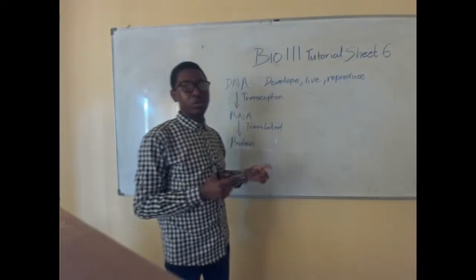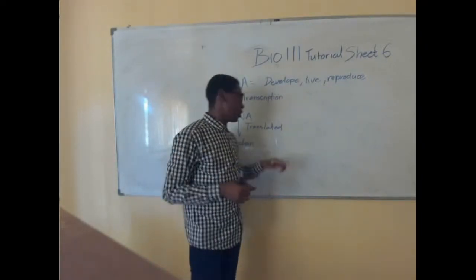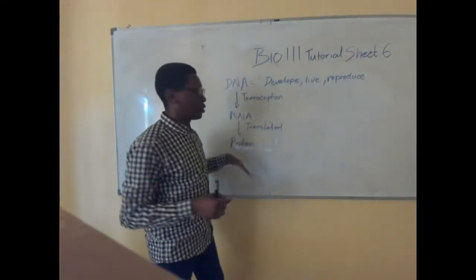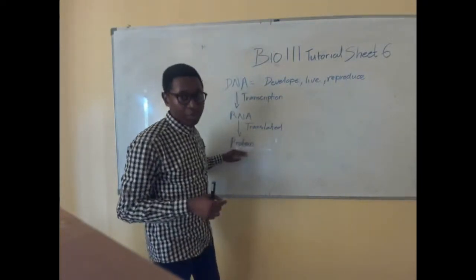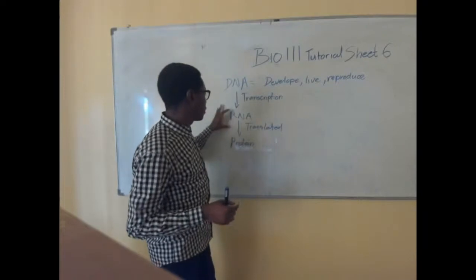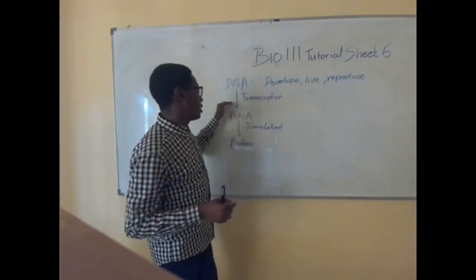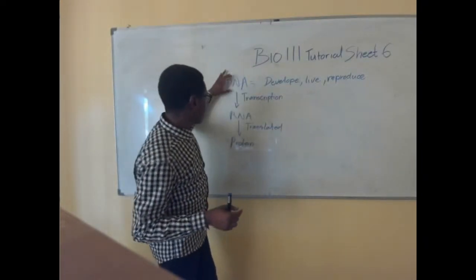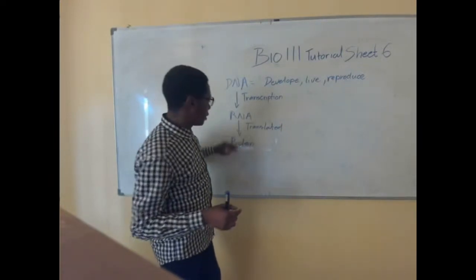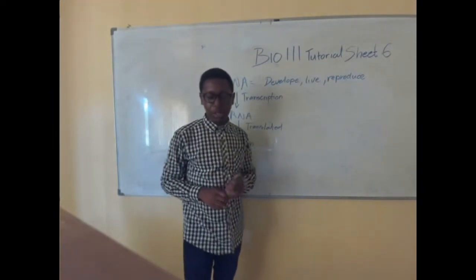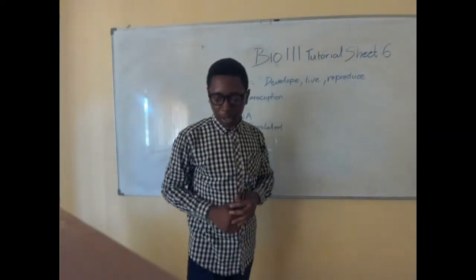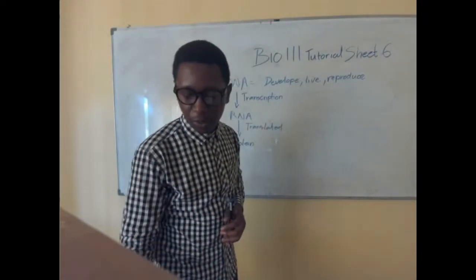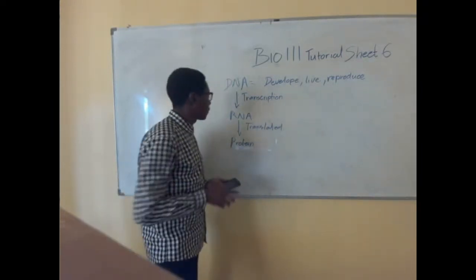Since it's small and short, it can easily move out of the nucleus and go to the ribosome, where it can be translated into the protein. So that's the function. The function of the RNA is an intermediary between DNA and the product which the DNA codes for. Okay, so that answers that question.